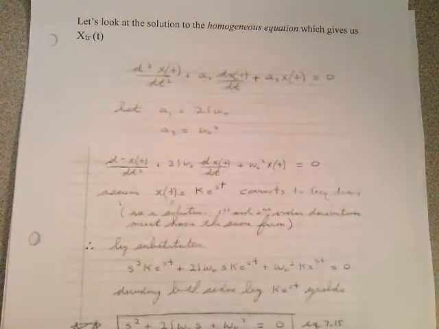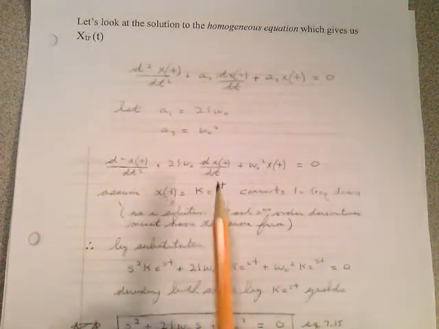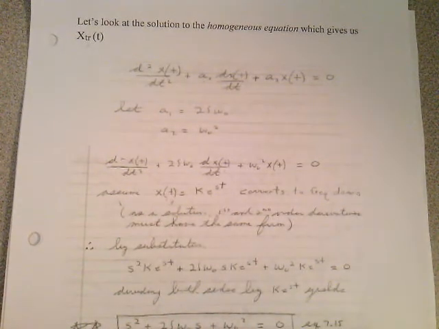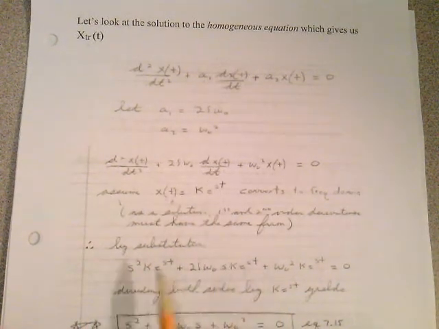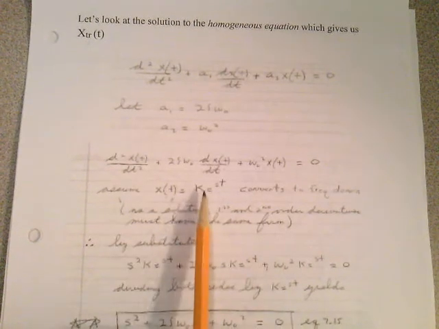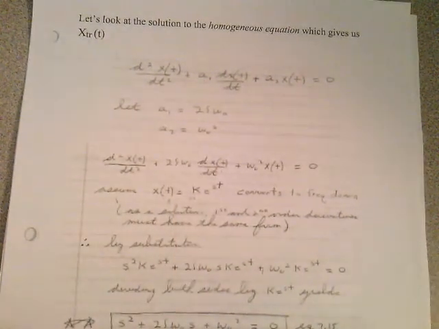Now, if you remember in some of your math classes, the reason we're going to assume K e to the st here is in the development for the solution for the first order homogeneous differential equation that we discussed earlier, the solution must be a function whose first and second order derivatives have the same form, so that the left side of the equation will become identically 0 for all t here. So again, that's why we're going to assume this. It's an assumption that's going to work well for us.